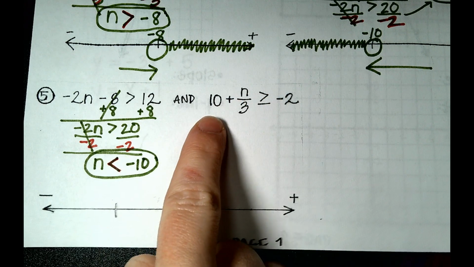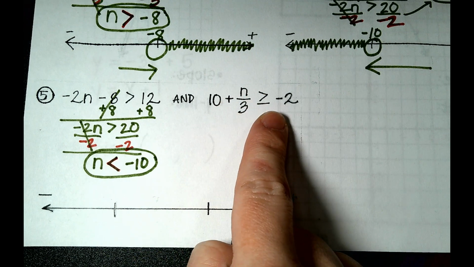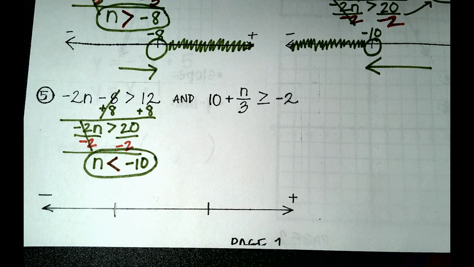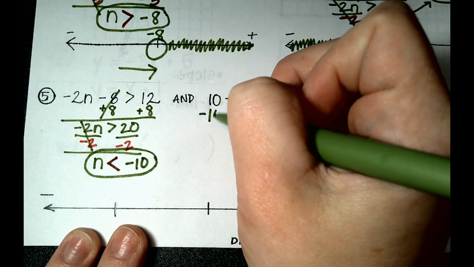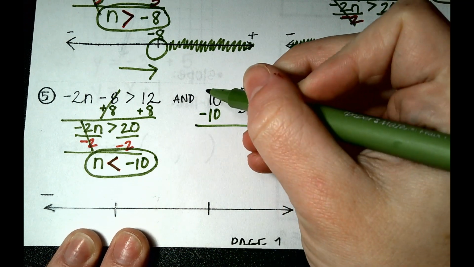Now I have 10 plus n divided by 3 is greater than or equal to -2. What should I do first? Subtract 10 from both sides. Good. Okay, my 10s should cancel.